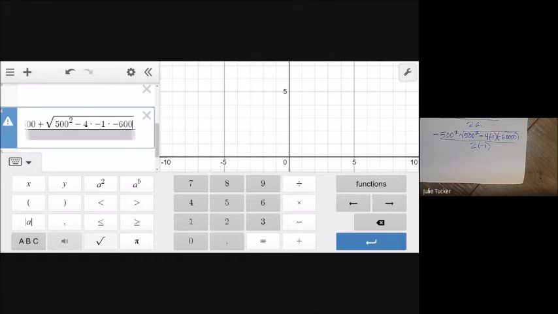Or, yeah, 60,000. All over 2 times negative 1. It says the answer is 200.